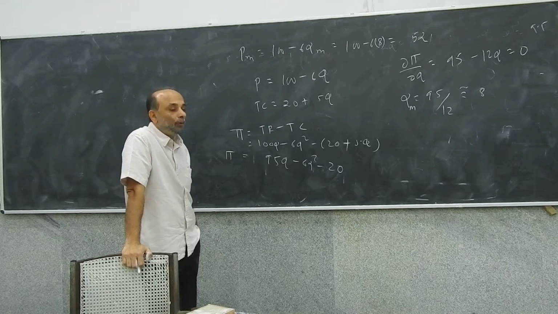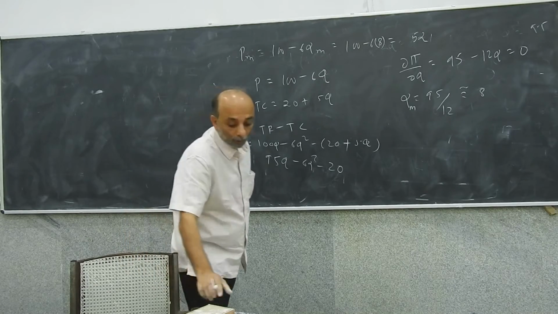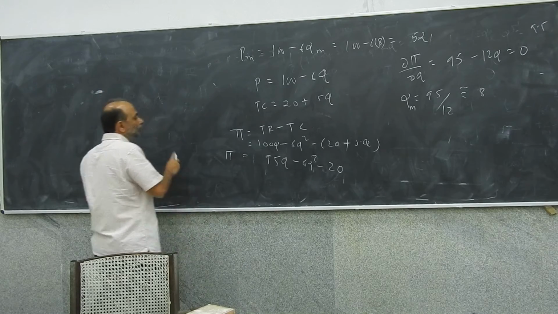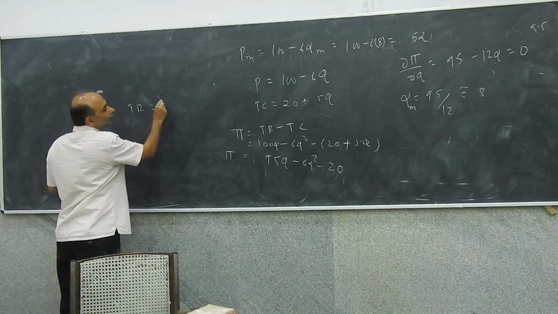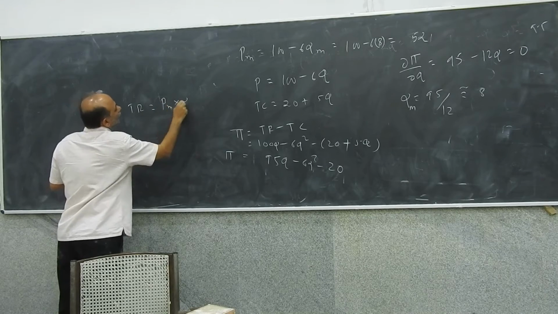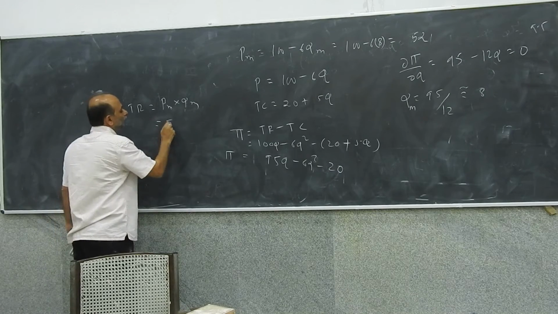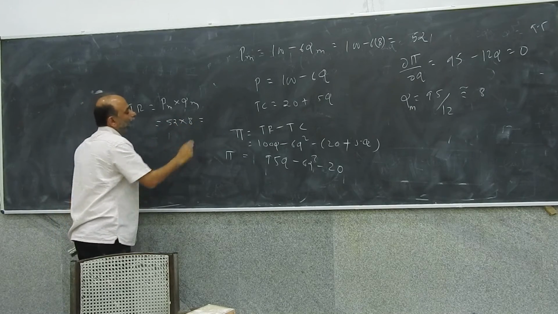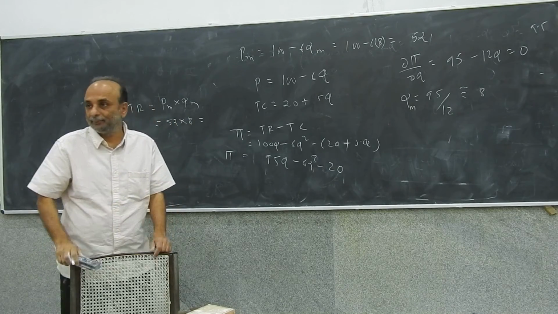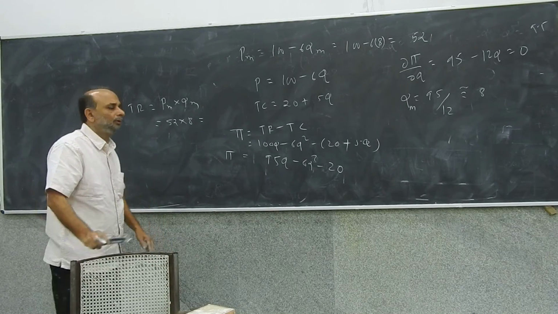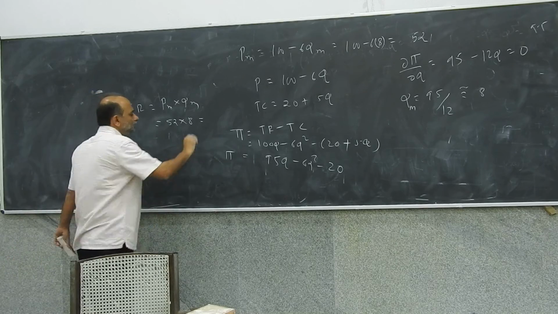That will be the monopoly price. What will be the total revenue? Total revenue will be PM into QM, which is 52 into 8. What's 52 into 8? 416.